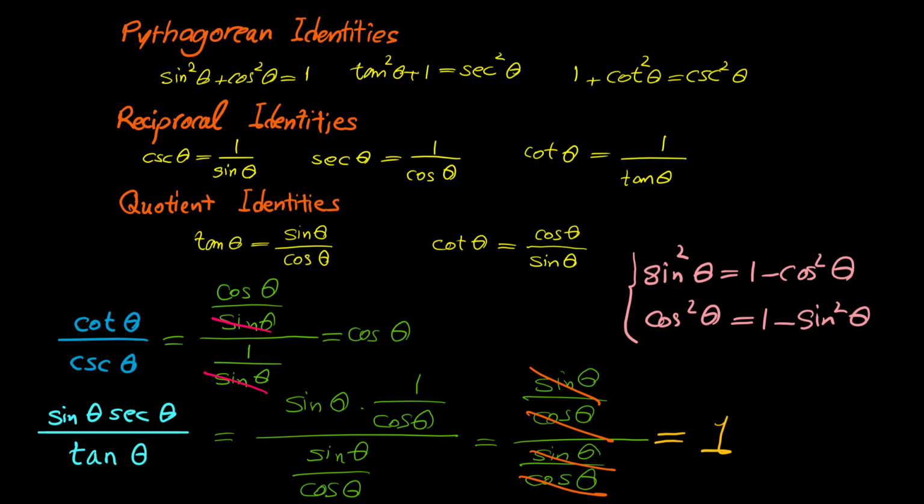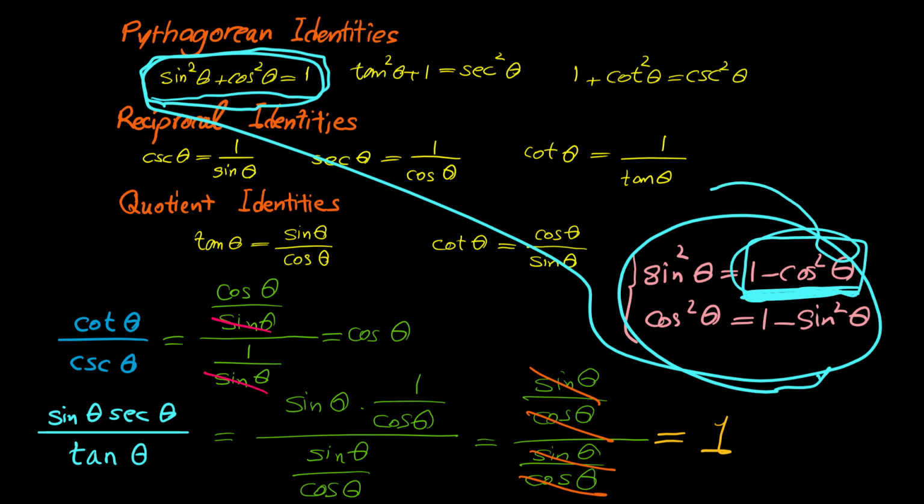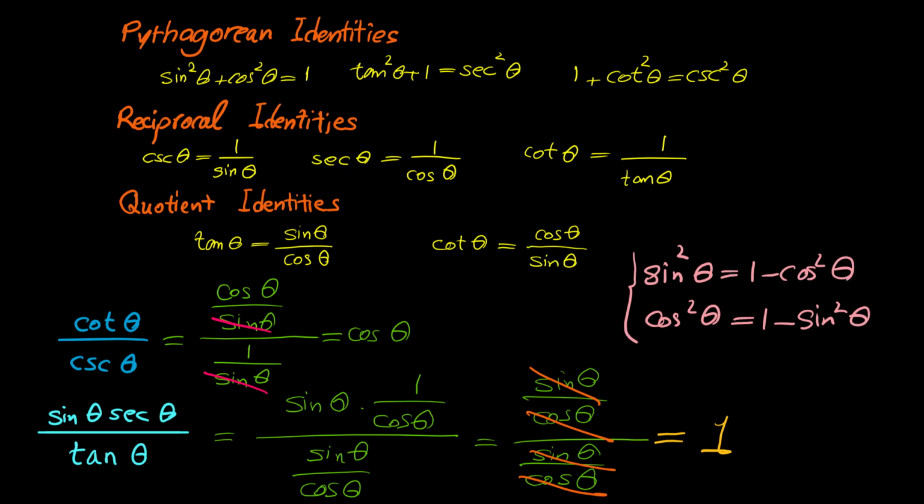No. This identity basically is this and these two. Especially in many cases, when we have 1 minus cosine to the 2, we replace it with sine to the 2. When we have 1 minus sine to the 2, we replace it with cosine to the 2. So keep these in your head. These are really, really helpful for simplifying trigonometric expressions.